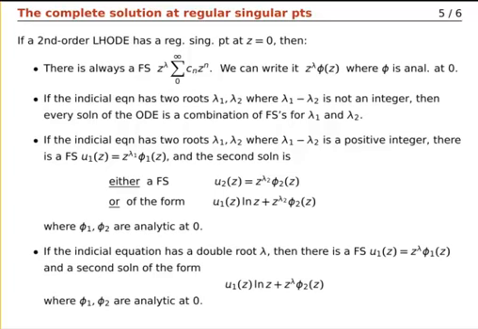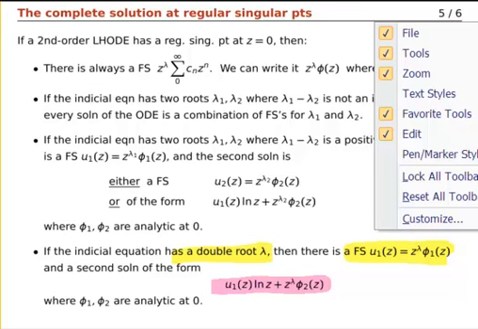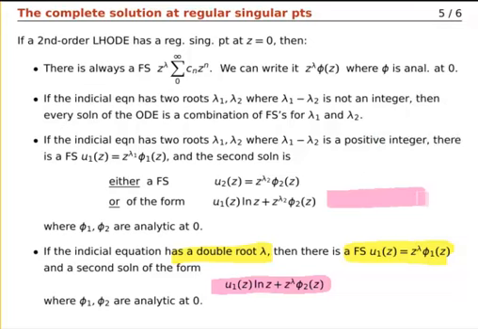So there is just one more case to consider, and that's where the indicial equation has only one root, or in other words, a double root lambda. Then, by Fuchs's theorem, there is always a Frobenius solution, u1, obtained from the Frobenius technique using lambda. And the second solution of the differential equation in this case is of a form very similar to what we had here.